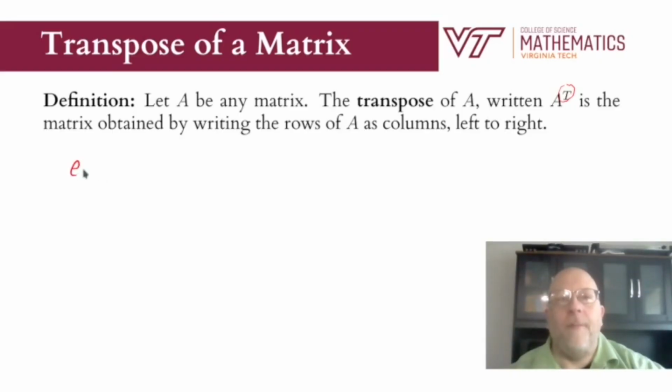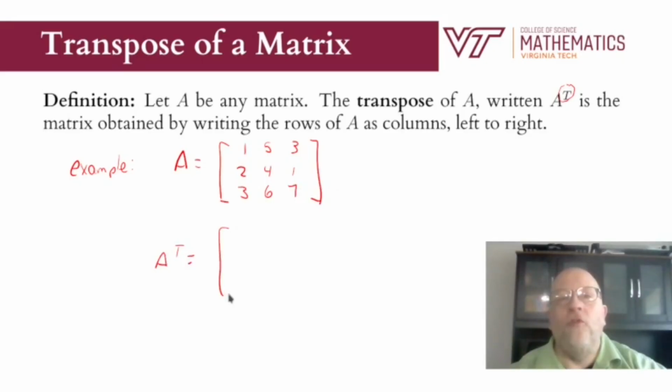And so as an example, if A is the matrix 1, 5, 3, negative 2, 4, 1, 3, 6, 7, then A transpose, we're just moving the data around, reformatting it so that maybe we can do a different operation with it. We're taking the data 1, 5, 3 and putting it vertically, then 2, 4, 1 goes vertically, and then 3, 6, 7 goes vertically. That's all it's there for.